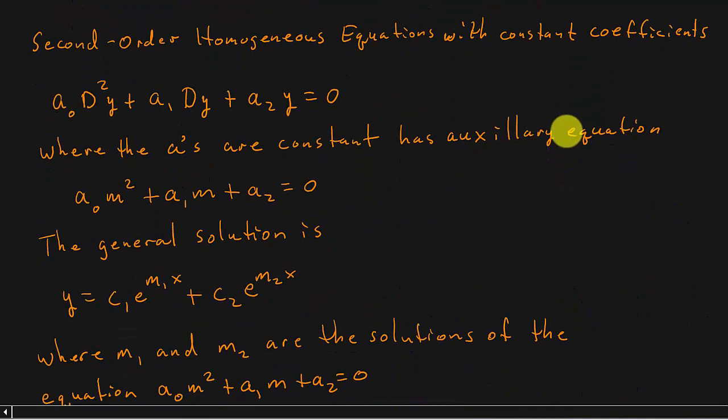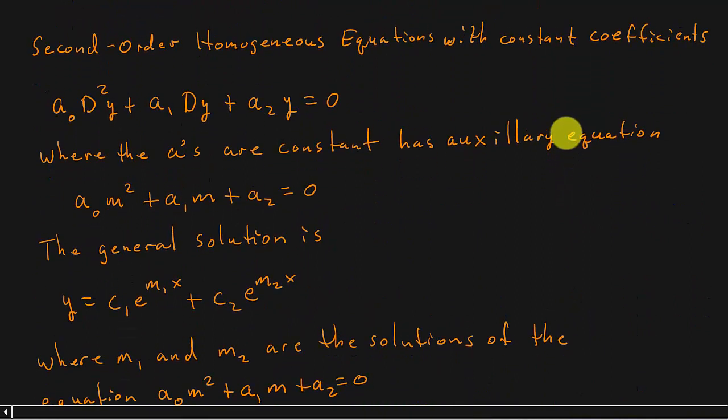So here we have, this right here is going to explain to us how to solve these things. It says second order homogeneous equations with constant coefficients. So a naught times the second derivative of y plus a1 times the derivative of y plus a2 times y equals 0, where the a's are constant, has auxiliary equation a naught m squared plus a1 m plus a2 equals 0.